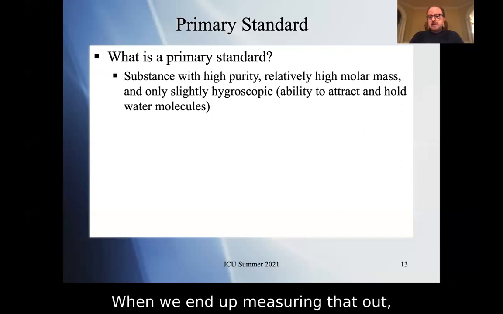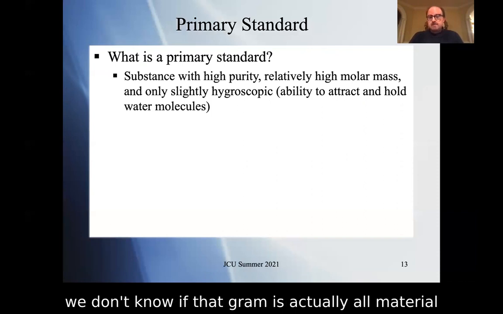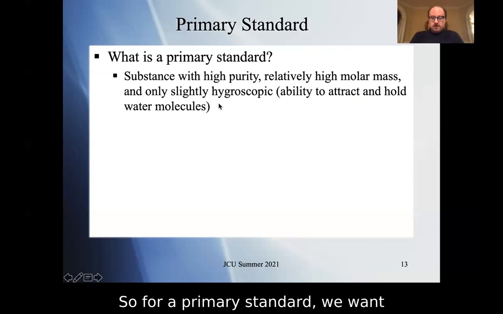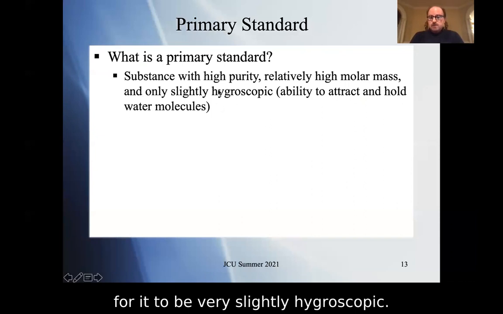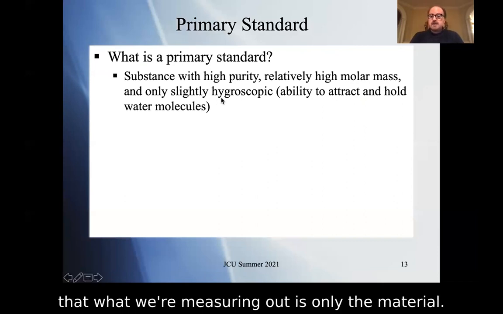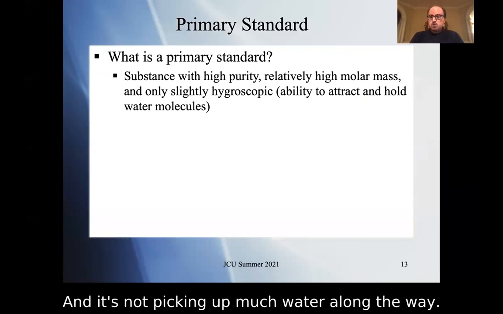When we end up measuring that out, we don't know if that gram is actually all material or how much of it is water that's been absorbed. So for a primary standard, we want it to be very slightly hygroscopic, because in that case, we can be much more confident that what we're measuring out is only the material, and it's not picking up much water along the way.